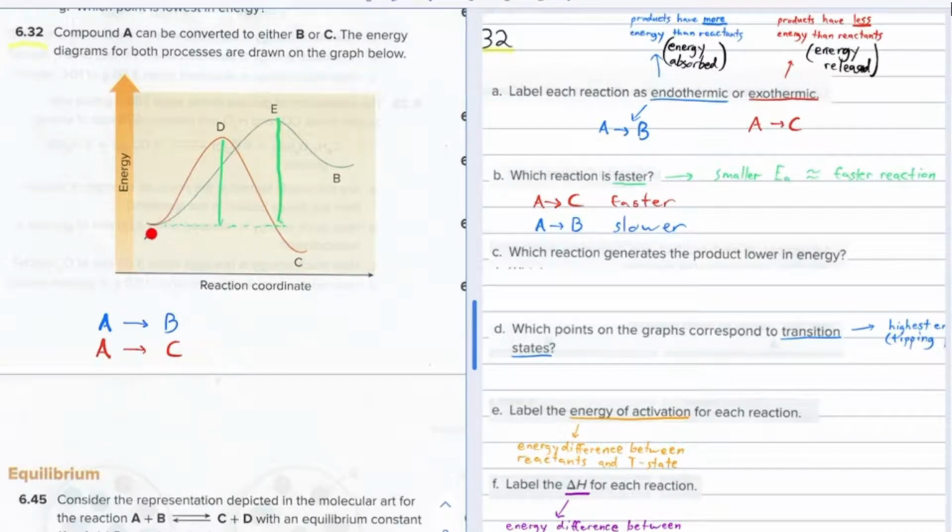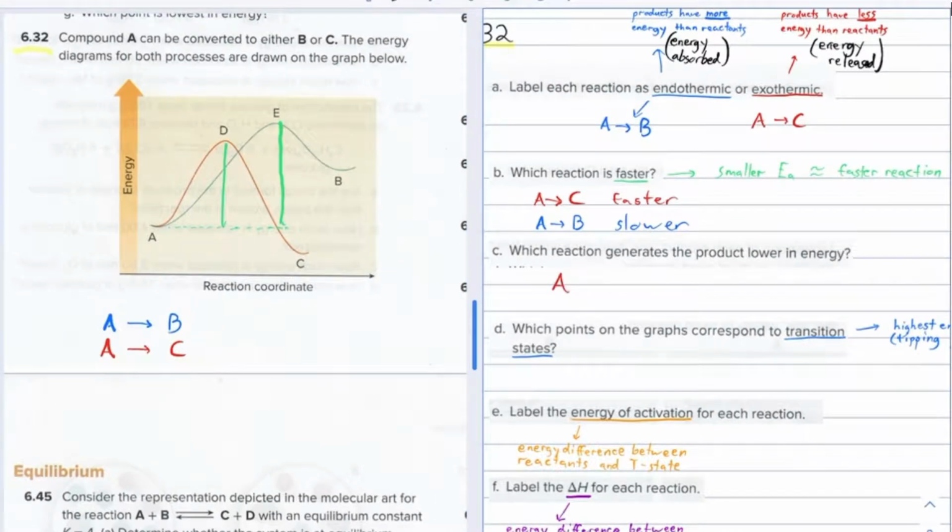So when you start with your reactants, if you're forming B, that's higher in energy than the reactants. If you're forming C, that's going to be lower in energy than the reactants. So here it's going to be A to C. Okay, that reaction generates products that are lower in energy than the reactants are.